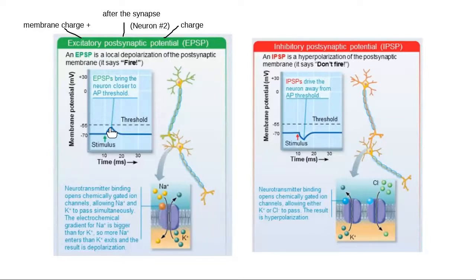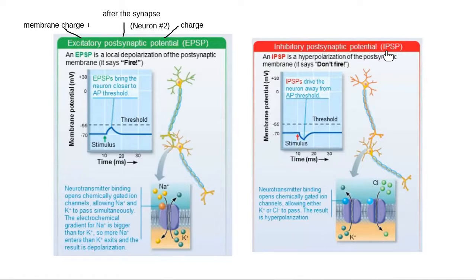This increase in membrane charge, I would call an EPSP, an excitatory postsynaptic potential. Neuron number 2 right here, its membrane charge got more positive. That's an excitatory postsynaptic potential.